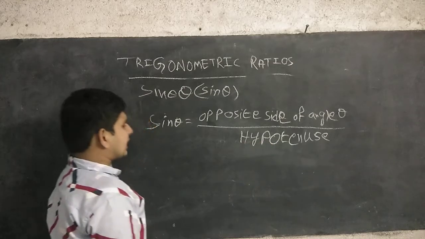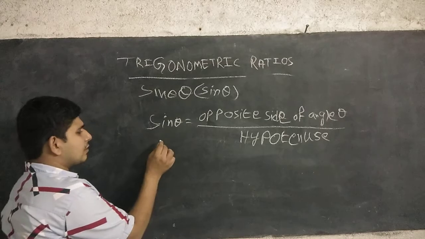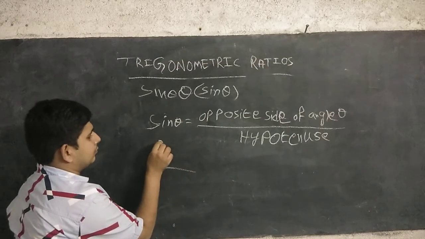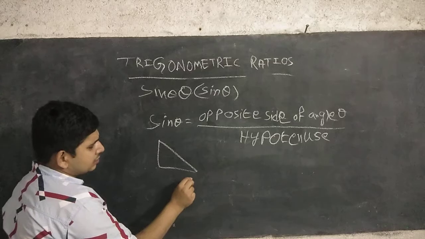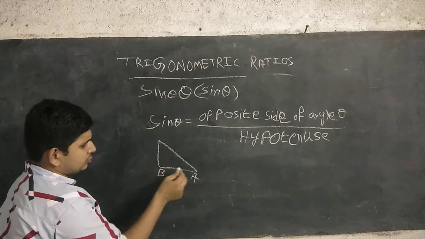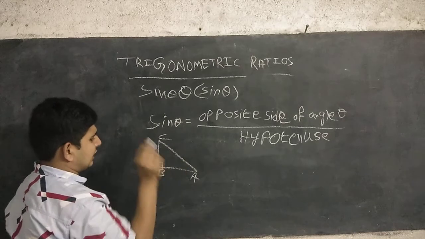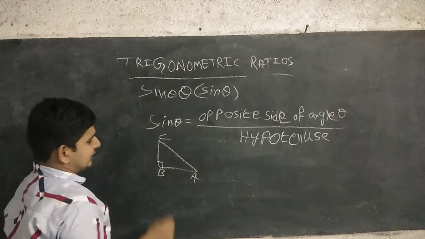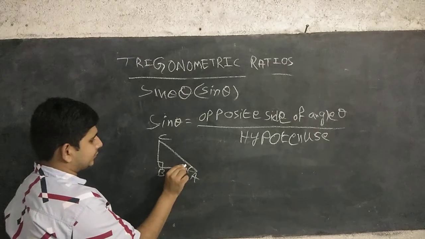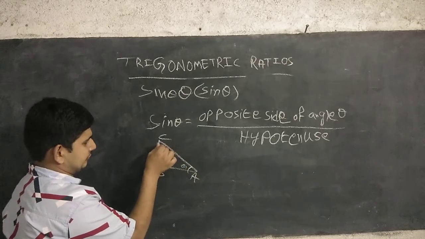Let us take one example. Take your triangle ABC, with A, B, C. Angle B is 90 degrees. This is theta 1 and this is theta 2.